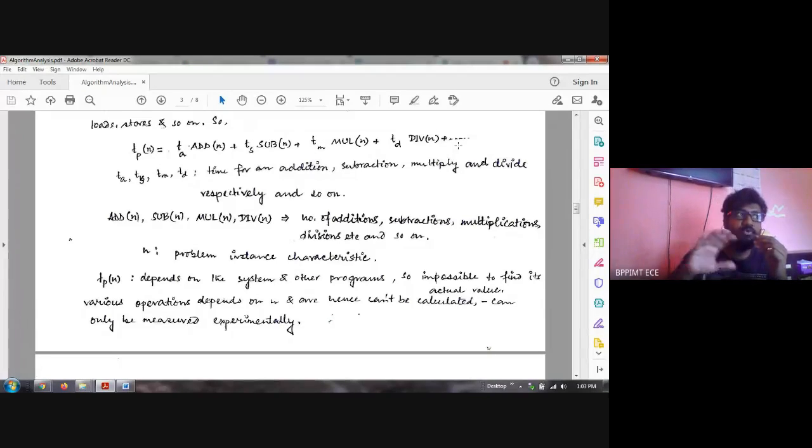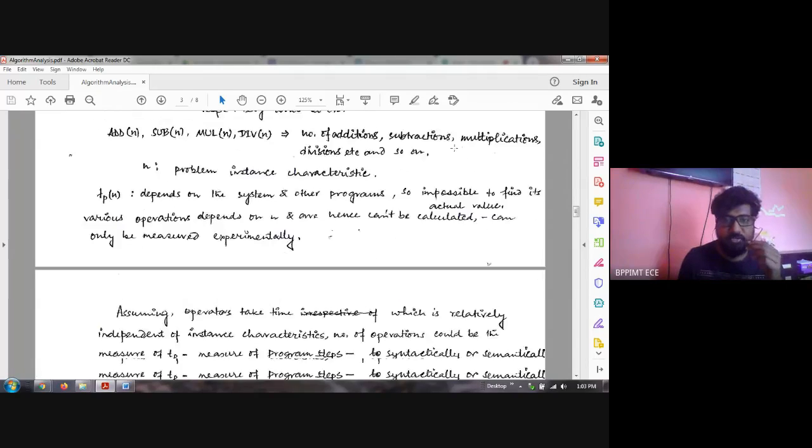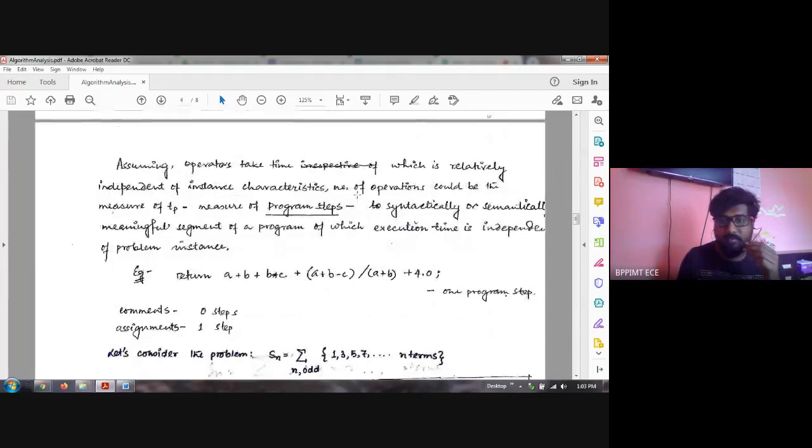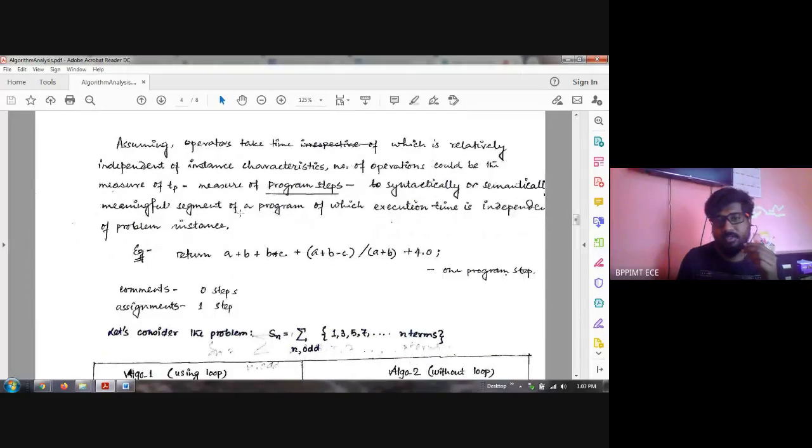That means the total time complexity or the runtime is nothing but the summation of the number of all the operations. That is what we can propose, that ultimately the number of operations could be the measure of TP, which is the measure of program steps that is syntactically or semantically meaningful.